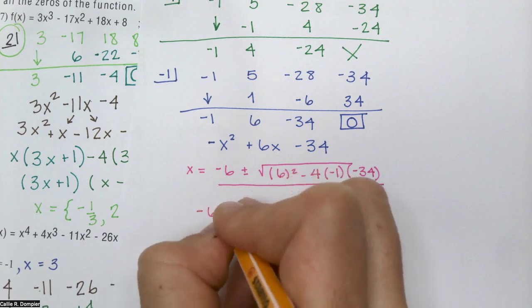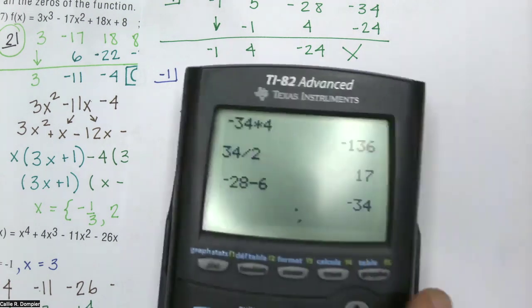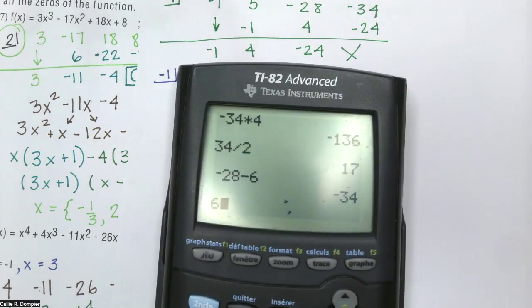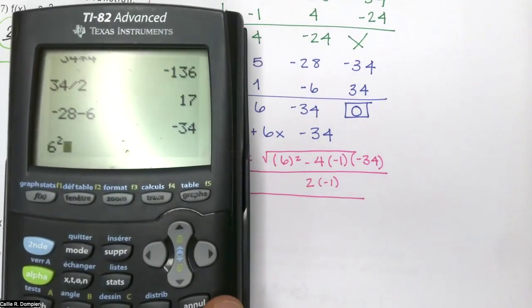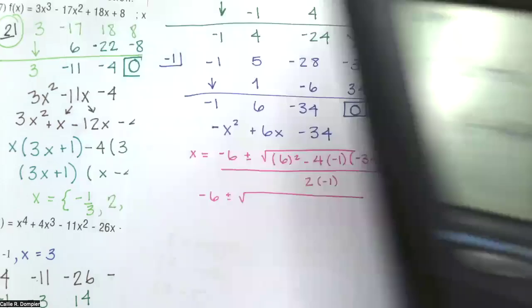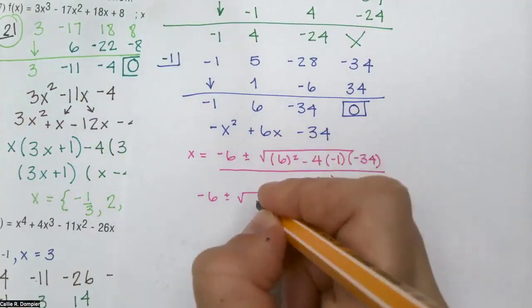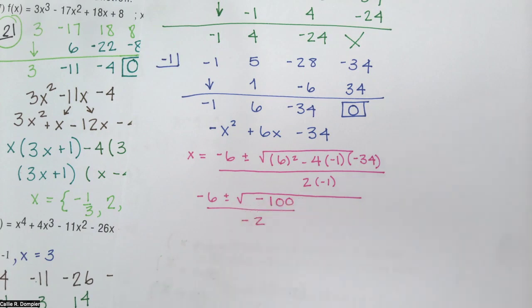So that's -6 plus or minus the square root of, and you can just put it into your calculator, 6 squared minus 4 times -1 times -34 gives me -100. And then 2 times -1 is a -2. Good?